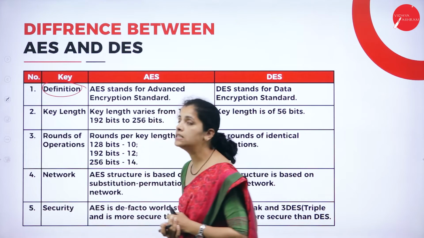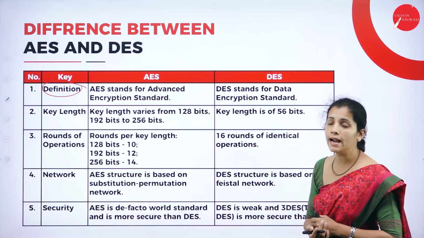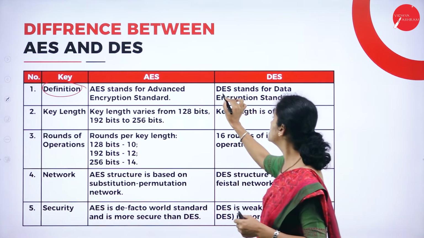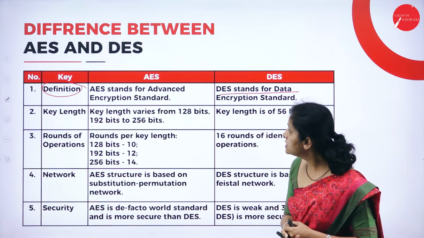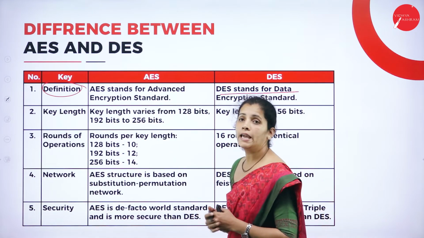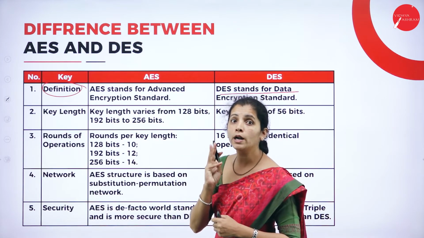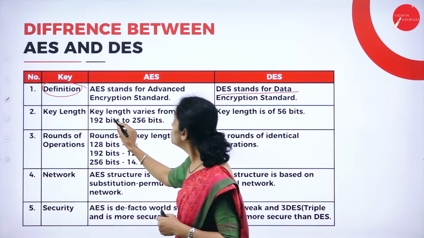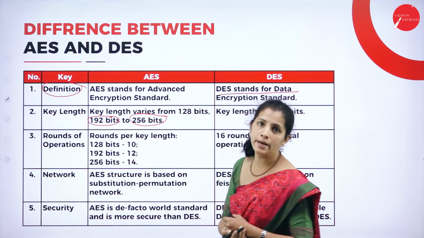So here, what is AES? AES stands for Advanced Encryption Standard, and DES is Data Encryption Standard. And if I consider the length of the key, in AES I'm going to have 3 key lengths, that is 128 bits, 192 bits and 256 bits.